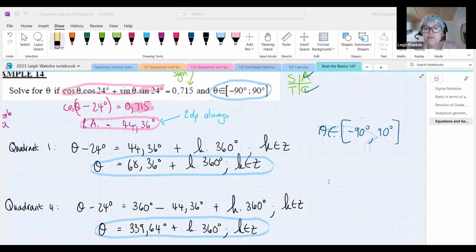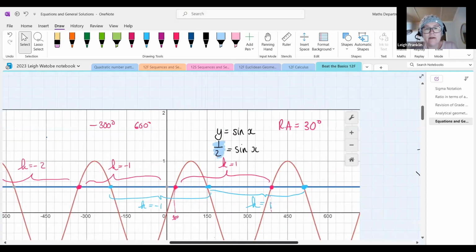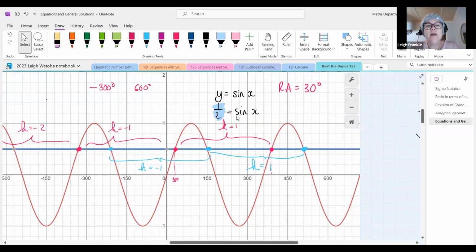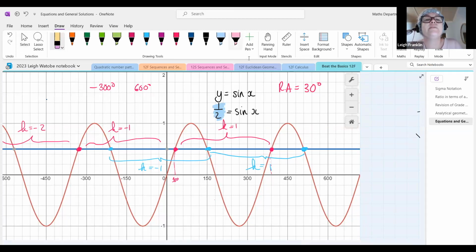Remember I said to you in the beginning, we go back here. If you had sine x equals a half, you would then use the inverse sine of that ratio in order to calculate your reference angle. So this gives you your starting point on the Cartesian plane. Where on the curve are you starting?